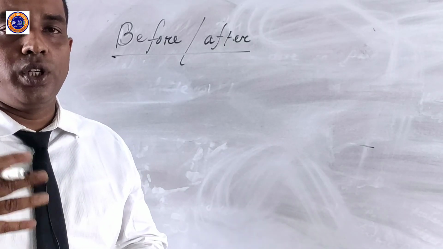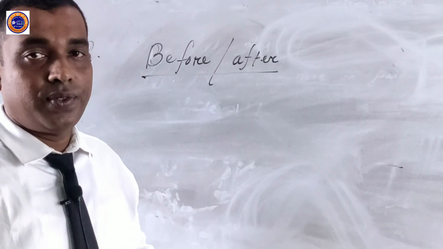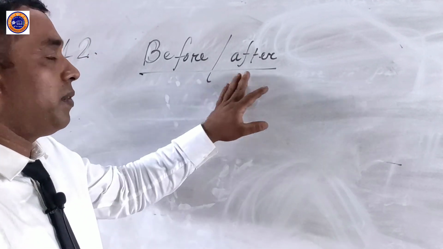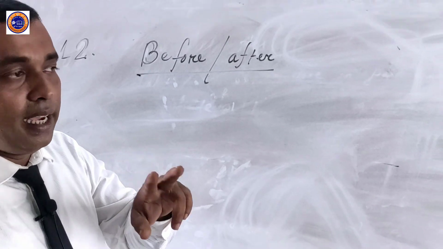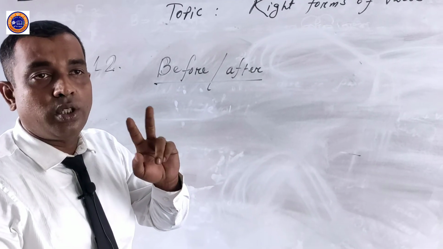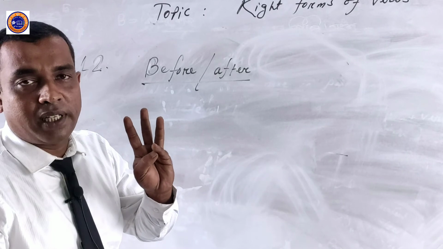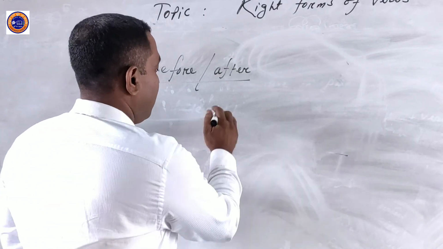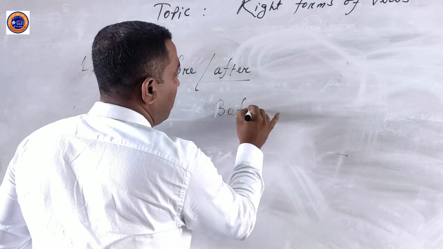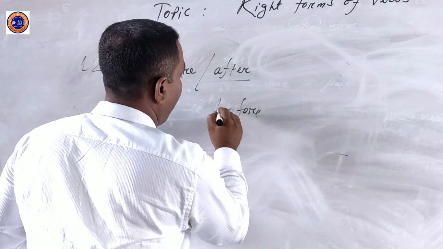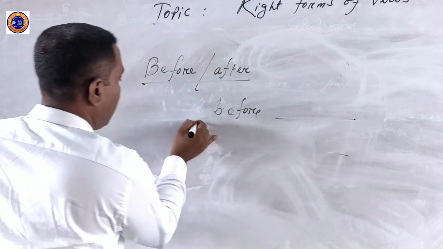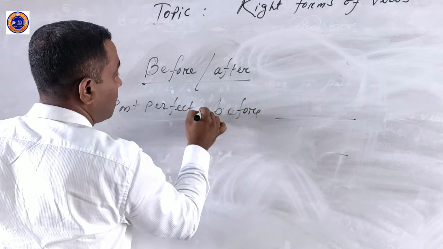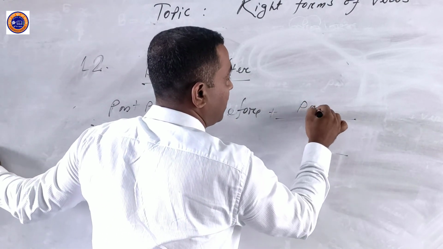Now I am going to explain rule number 12. Dear students, you must know that before and after join two clauses, and of these two clauses, one will be past indefinite and one will be past perfect. When using before: past perfect, past indefinite.